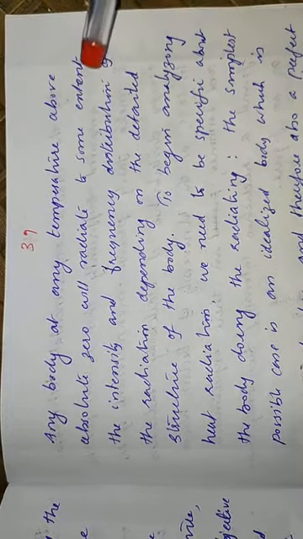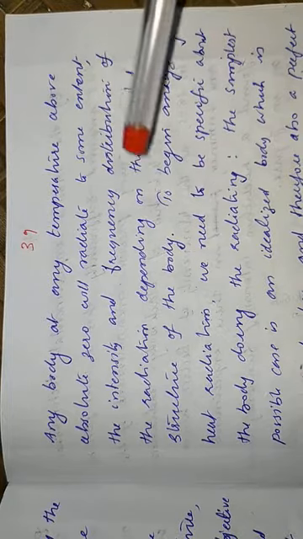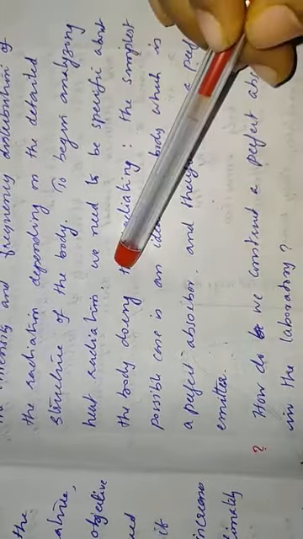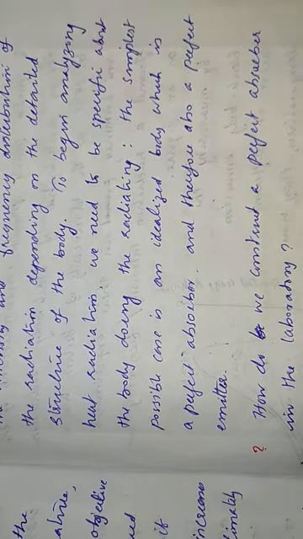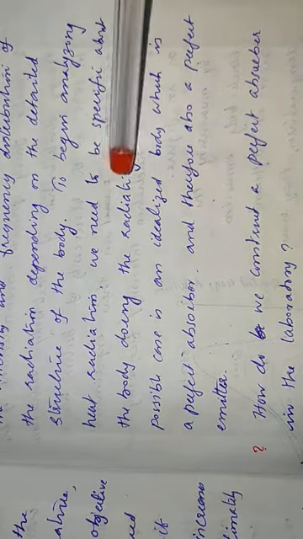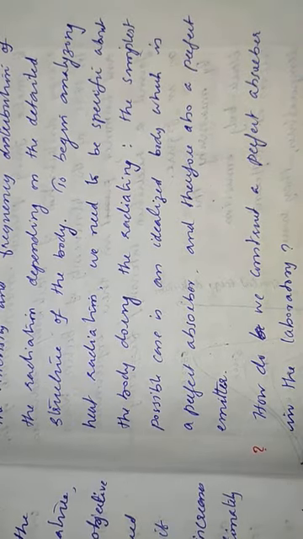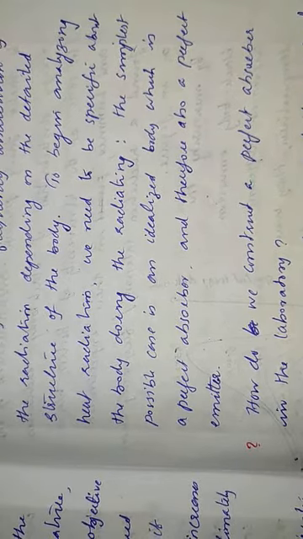The intensity and frequency distribution of the radiation depends on the detailed structure of the body. To begin analyzing heat radiation, we need to specify the body doing the radiating. The simplest possible case is an idealized body which is a perfect absorber and therefore also a perfect emitter.